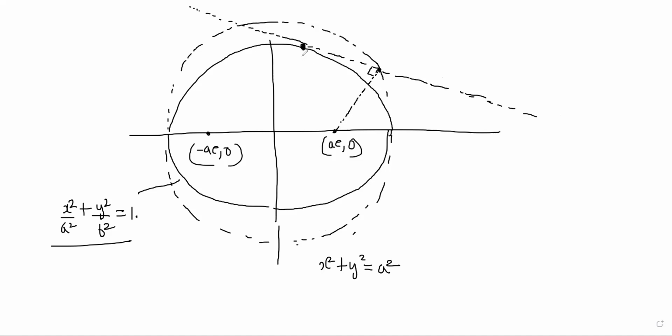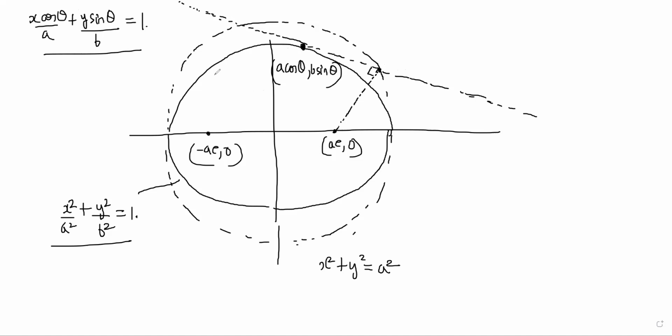Suppose this point is a cos theta, b sine theta. Tangent equation, let's at least confirm this. So let's say tangent equation is x cos theta by a plus y sine theta by b, equal to 1, at the point a cos theta, b sine theta.